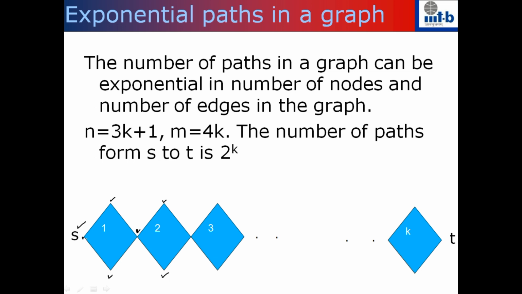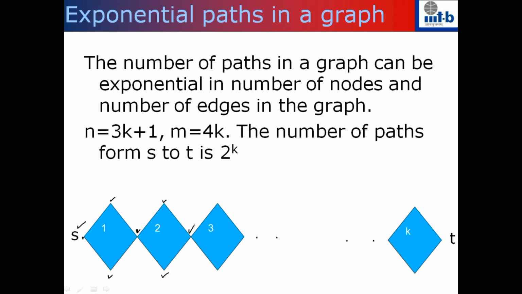We can call them the up path and the down path. But when you want to reach the end of the second block, that is this vertex, you can see that there are 4 paths from S to this vertex. Either you can go up and then again go up, or in the first block you can go up, but in the second block you can come down, right?